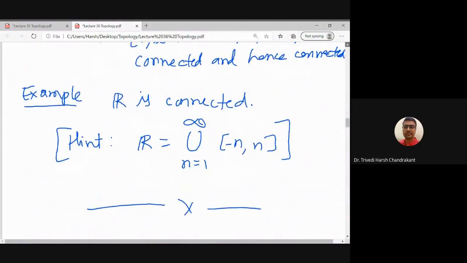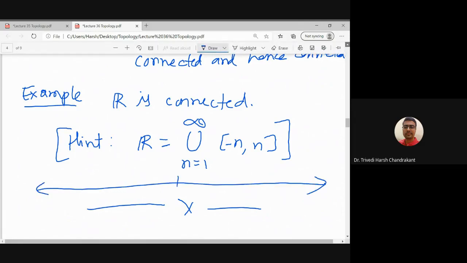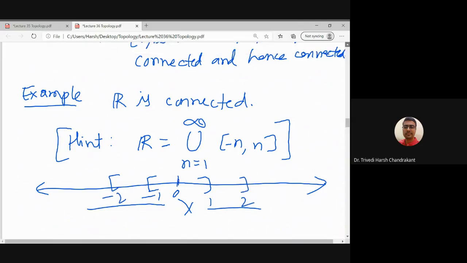And once we know this result, we can prove that the real line is connected, because the real line is the union of the intervals minus n to n. So what are these intervals? It is the union of minus 1 to 1, the second interval minus 2 to 2, and so on. So 0 is common in all these sets, right?